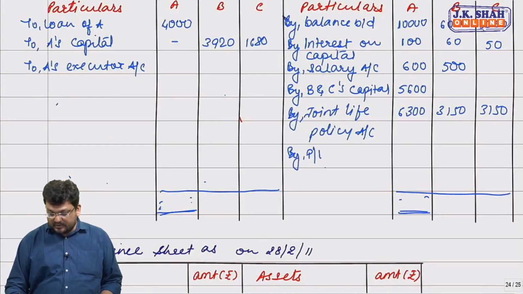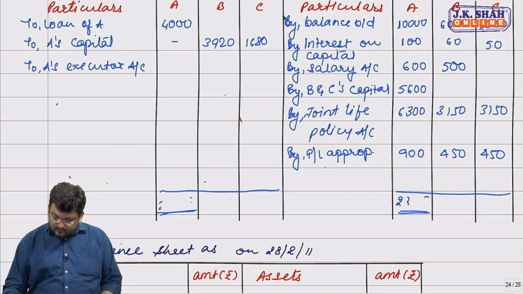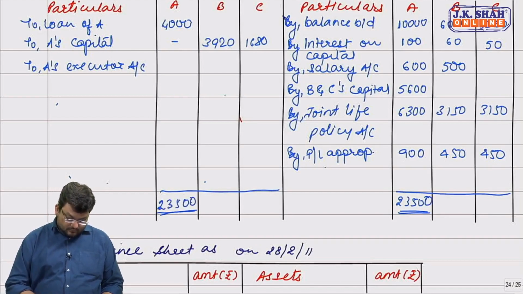By P&L appropriation. So now balance in A's account: $19,500, that will be transferred to his executor's account.